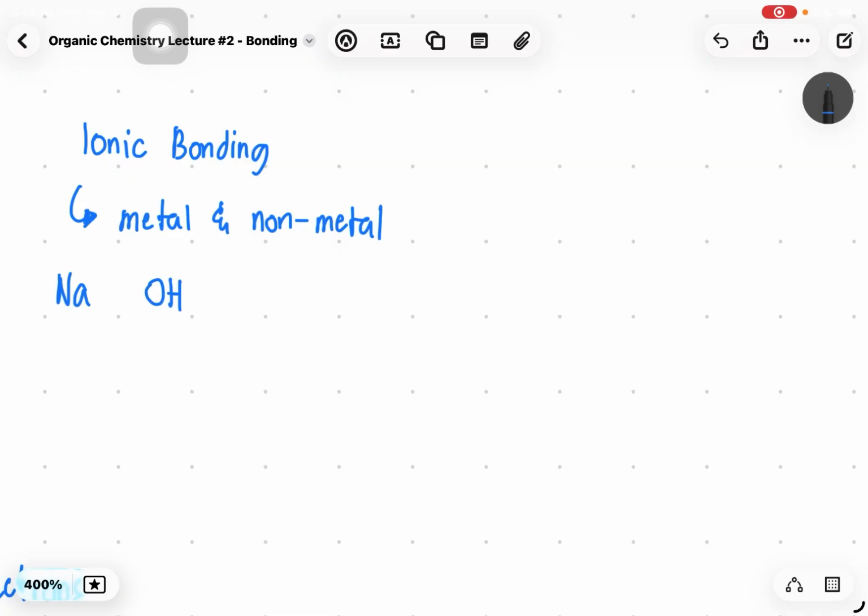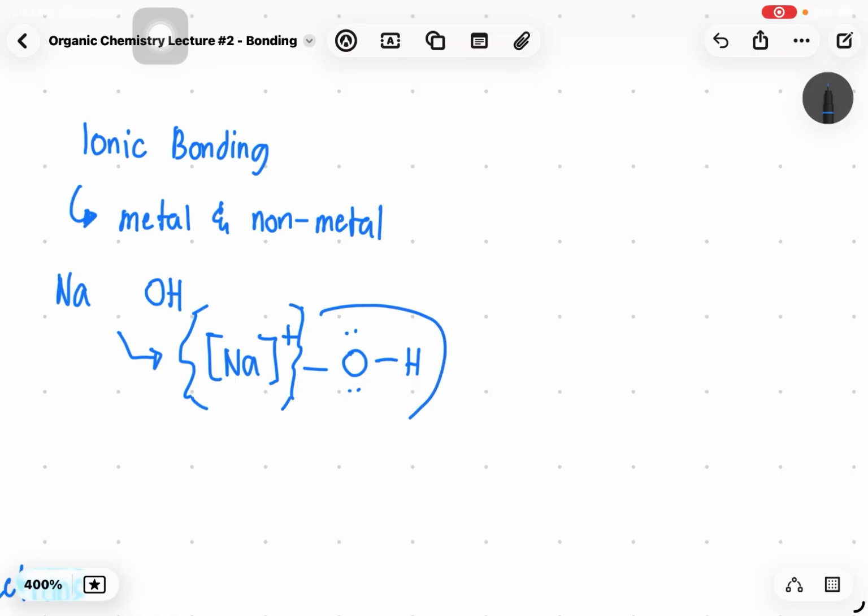So what this would look like in a Lewis dot structure should be something like this. This basically denotes the electrostatic force around the system that allows it to bond with the OH.